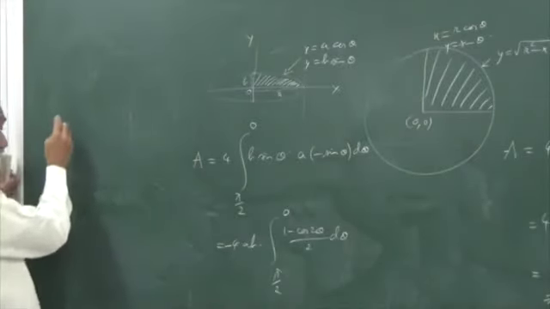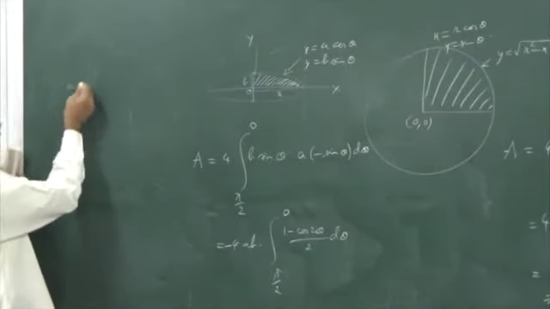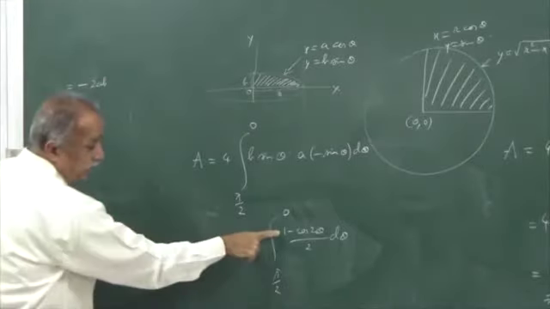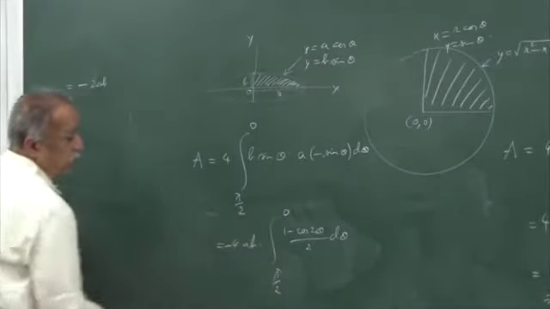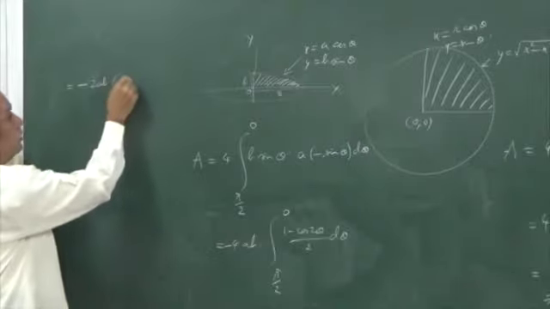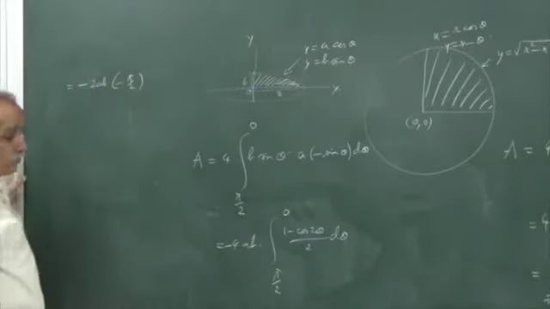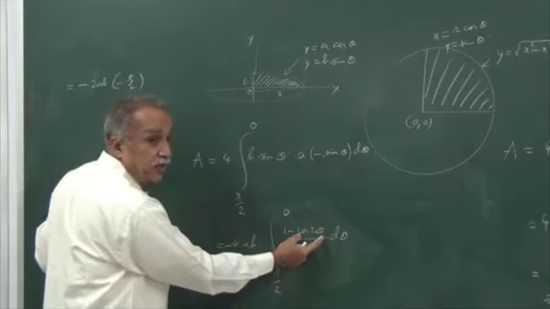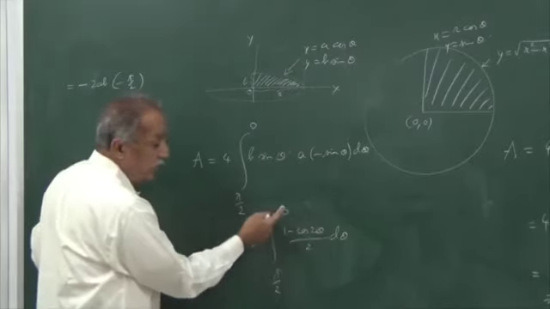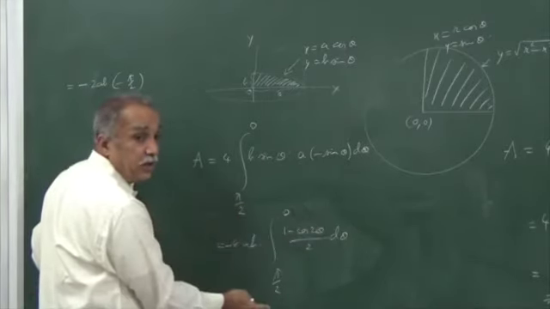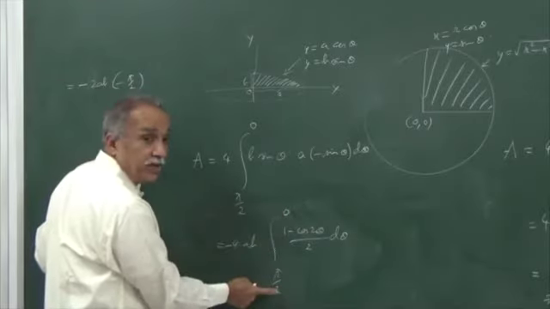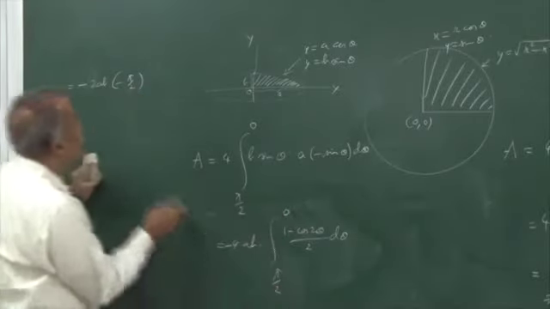On integration, I am getting minus 2ab into integral 1 d theta from pi by 2 to 0, which is minus pi by 2. The other portion, when integrated, gives you sin 2 theta. Sin 2 theta is 0 both at upper limit and lower limit. Sin 2 theta is 0 at theta equal to 0, also at theta equal to pi by 2.